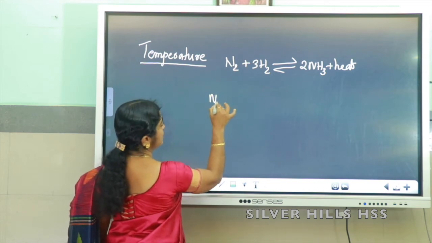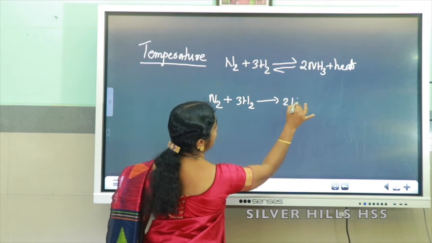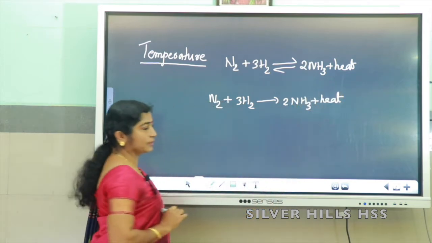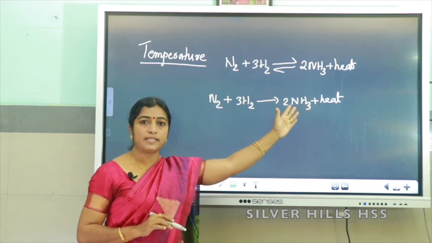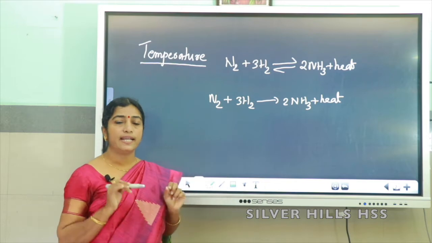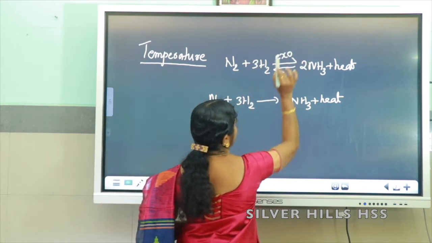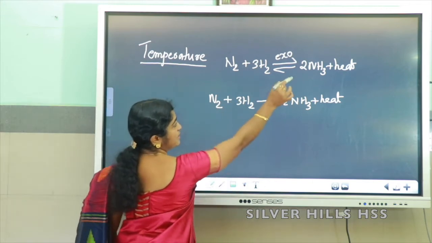The forward reaction is N2 plus 3H2 gives 2NH3 plus heat. In this reaction, heat is liberated, meaning that the forward reaction is an exothermic reaction. So we get that the forward reaction is exothermic. Then let us try to write the backward reaction. Which is the backward reaction?